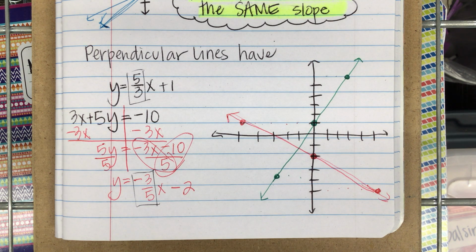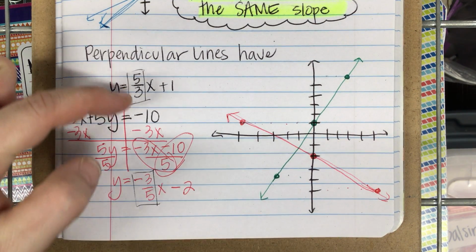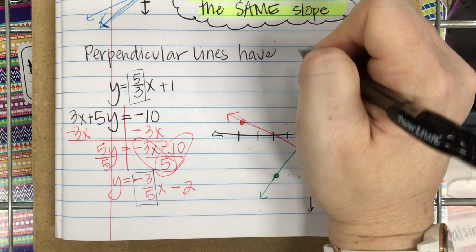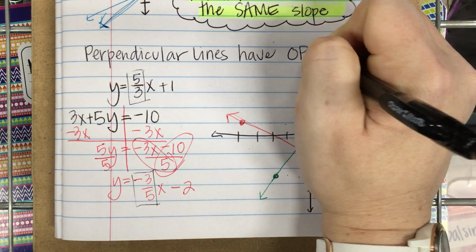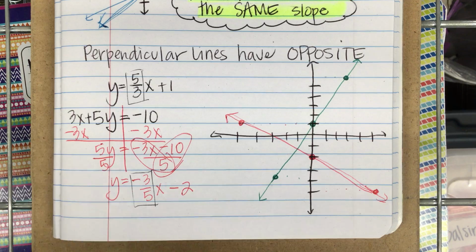They intersect at a 90 degree angle. Joseph, what do you think? They intersect at a 90 degree angle. How could you describe these slopes? The relationship between 5/3 and -3/5. They're opposites. Okay, opposite because what? Because one is positive and one is negative. So they're opposites.